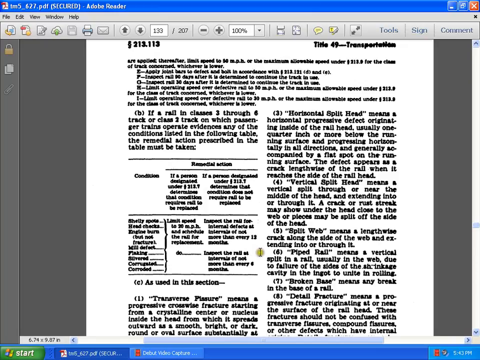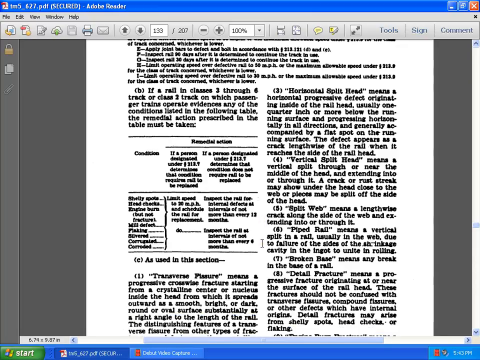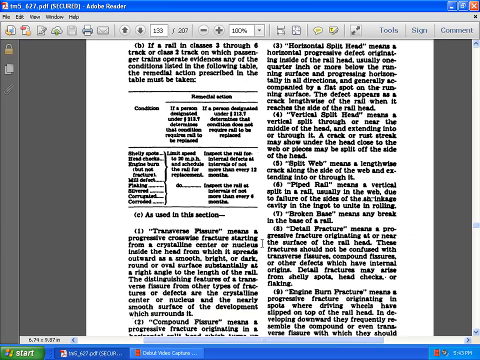As used in this section, transverse fissures means progressive crosswise fractures starting from a crystalline center or nucleus inside of the head, which spread out as smooth, bright, and dry, bright and dark, round, overall surface, substantially at right angle to the length of the rail. The distinguished features of the transverse fissure from other types of fractures or defects are the crystalline center or nucleus and the nearly smooth surface of the development which surrounds it.